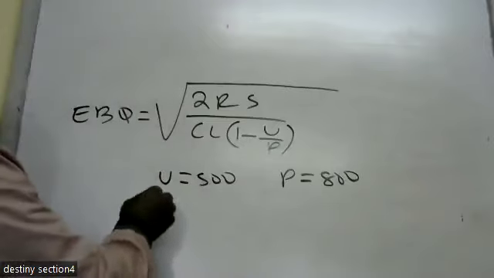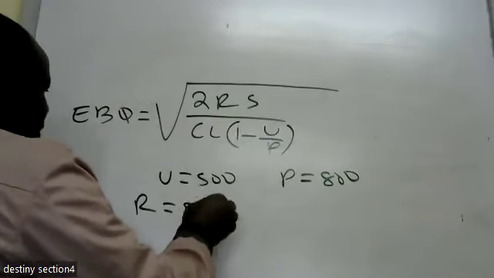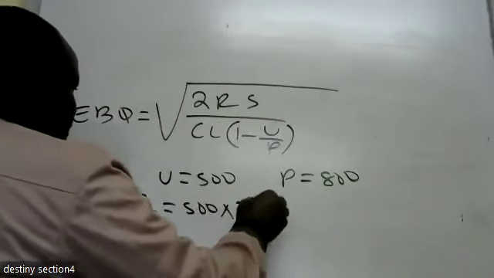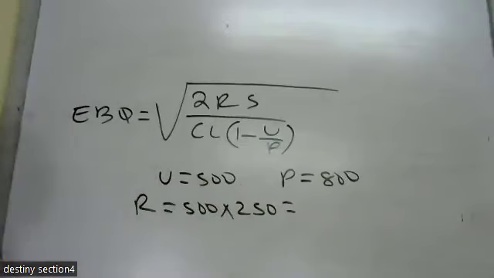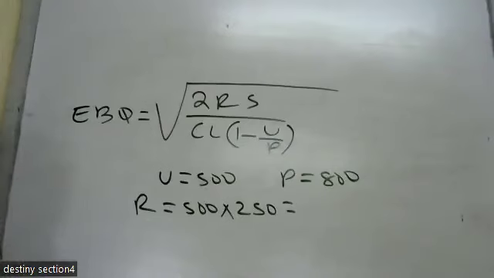To get our R, you take the 500 and multiply by the number of days in a year, which are 250.